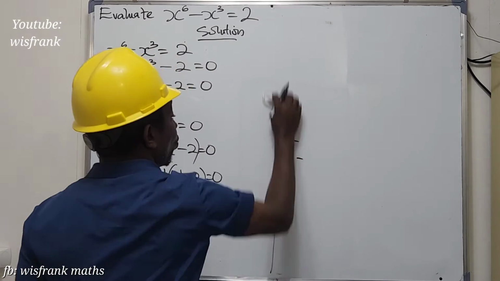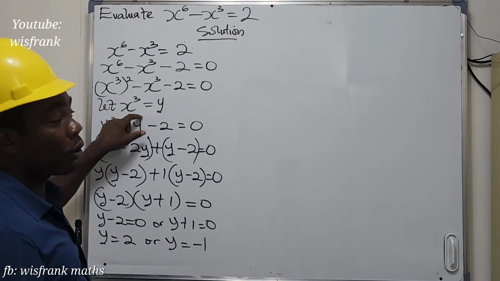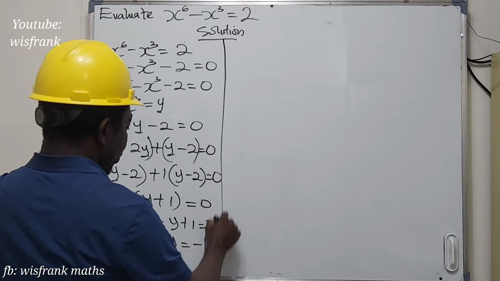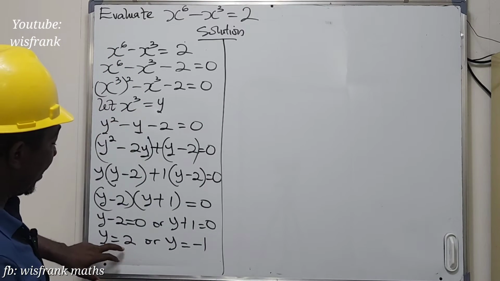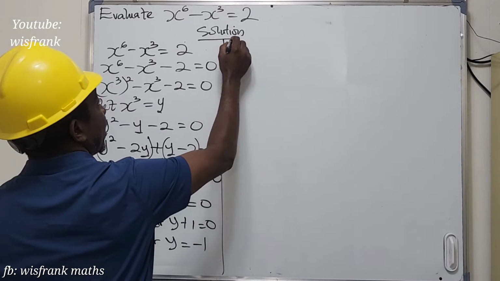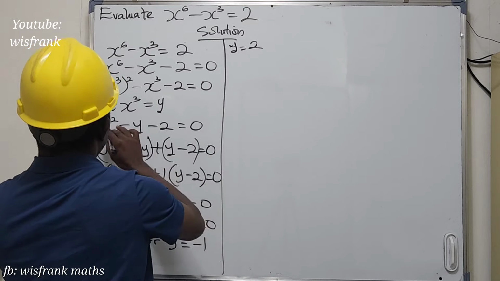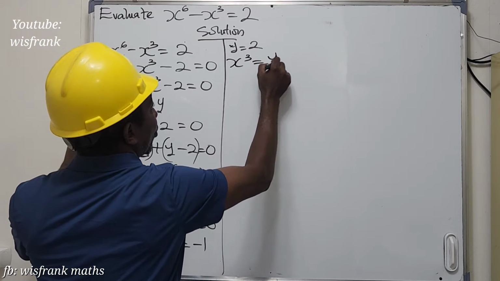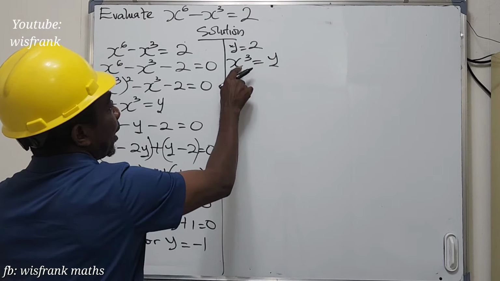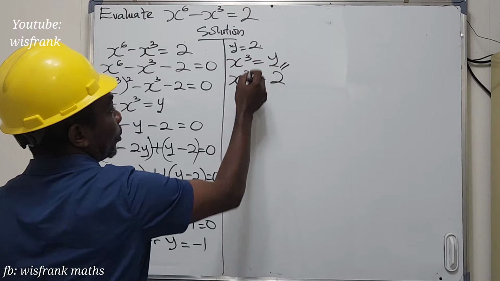And we were told that x to the power of 3 equals y. So we will set x to the power of 3 equals y in this equation. So we say for y equals 2, we recall that x to the power of 3 equals y. In this case, x to the power of 3 equals 2, since y equals 2.